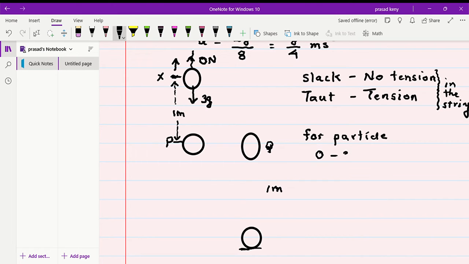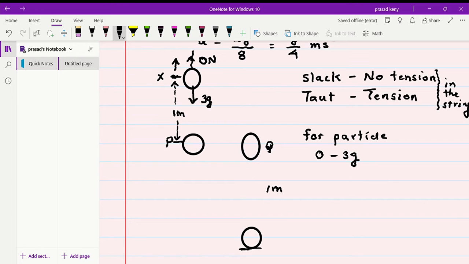minus 3g. Keep it in mind that even though 3g is greater than 0, the resultant force is not downwards, because still the particle is traveling upwards.